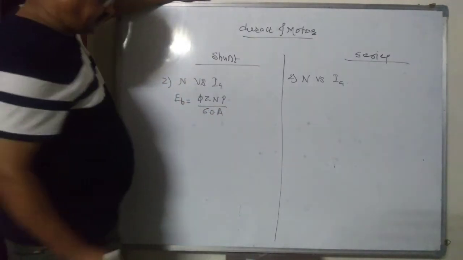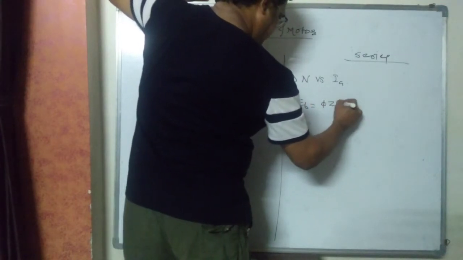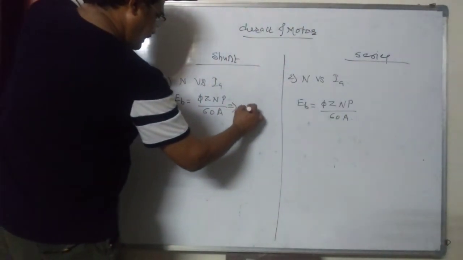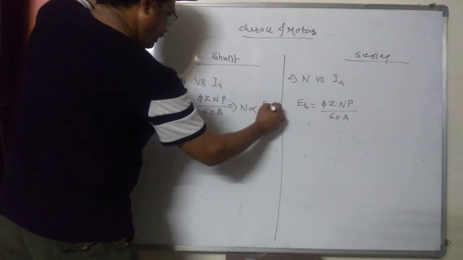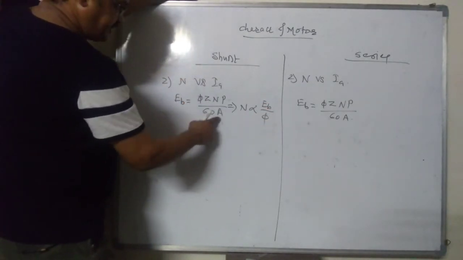This equation we have studied. From both we can say N is proportional to Eb upon phi, since Z, 60A and P are constant. We know the equation Eb equal to V minus IaRa, which we studied at the very start.